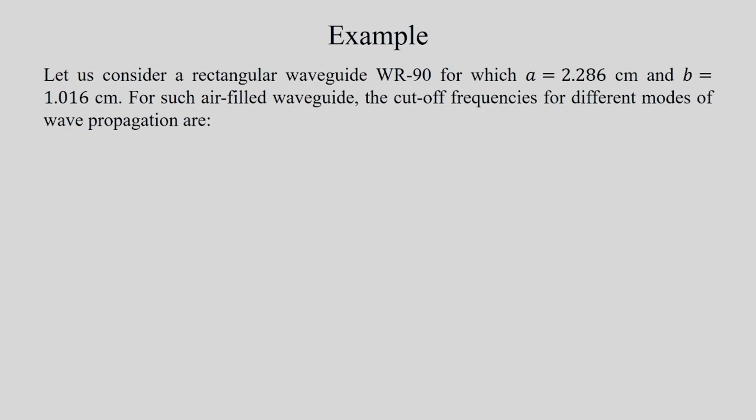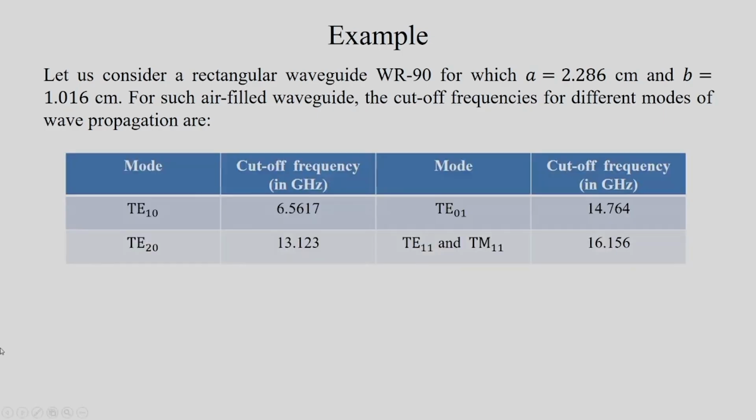For such an air filled waveguide, the cutoff frequencies for different modes of propagation we can calculate, and we find that the cutoff frequency for TE10 mode is 6.562 gigahertz. Similarly, the next mode is TE20 having a cutoff frequency of 13.123 gigahertz. The next mode is TE01 which has a cutoff frequency of 14.764 gigahertz.